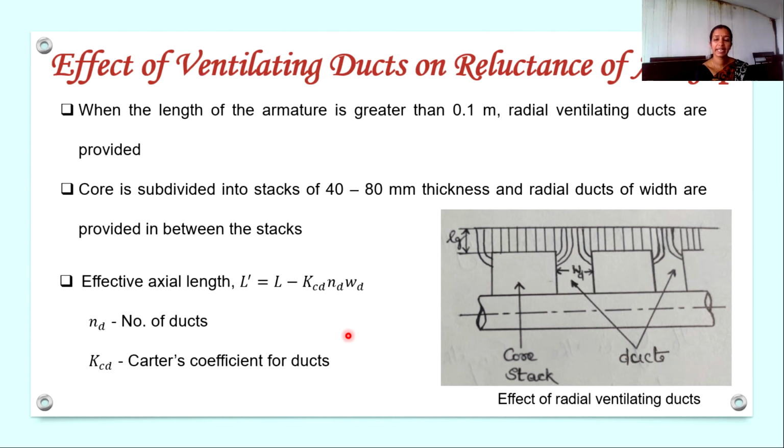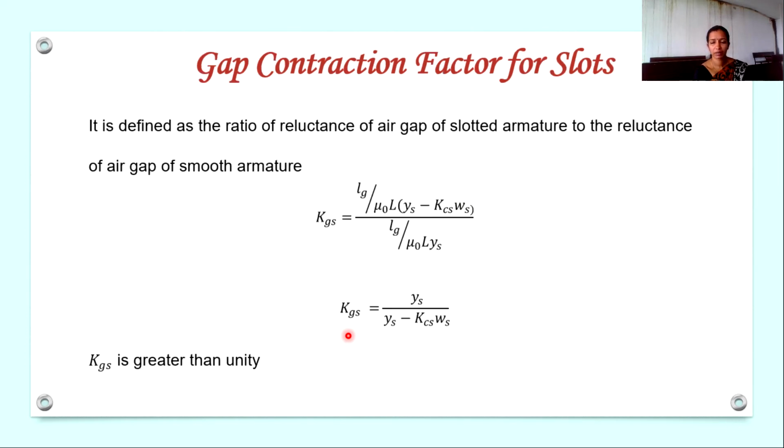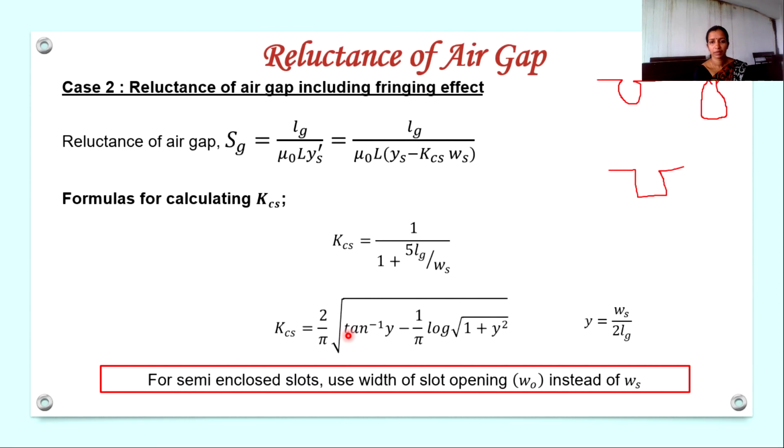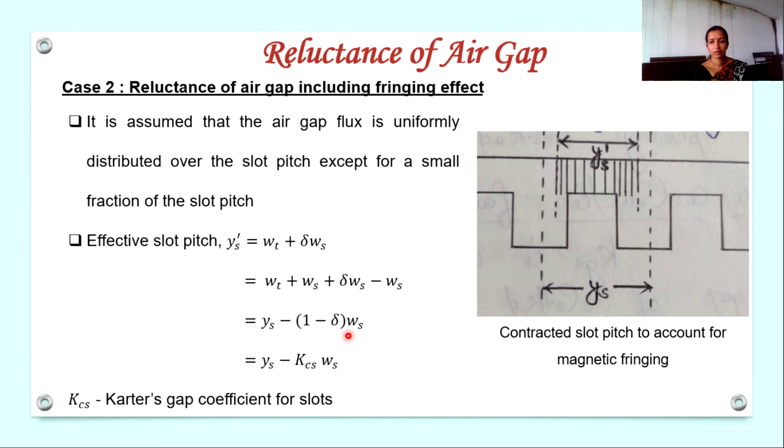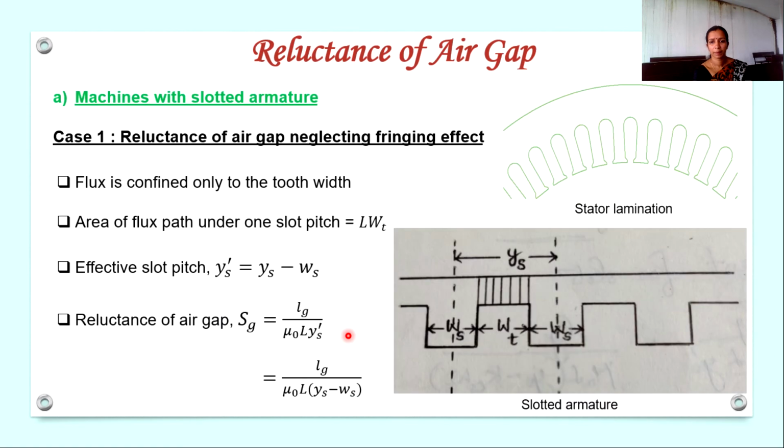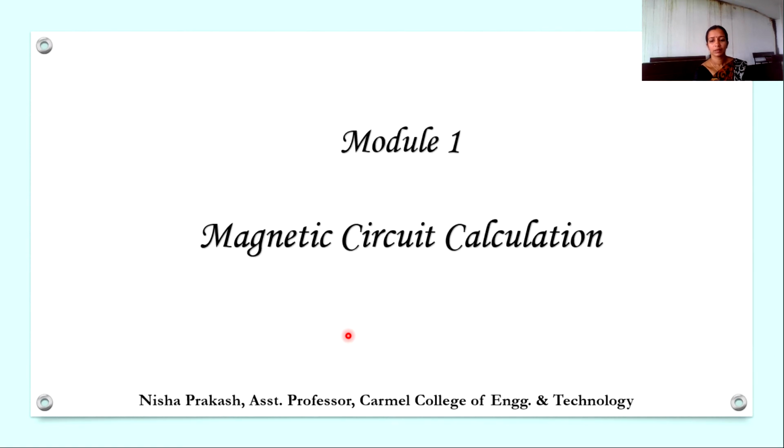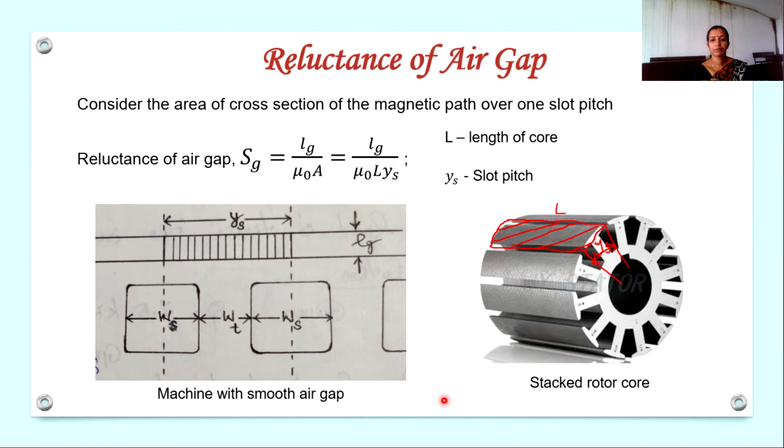So in case of radial ventilating duct, see, so if this is our core, for providing radial ventilating duct, while stacking the lamination, a spacer is provided in between the laminations.